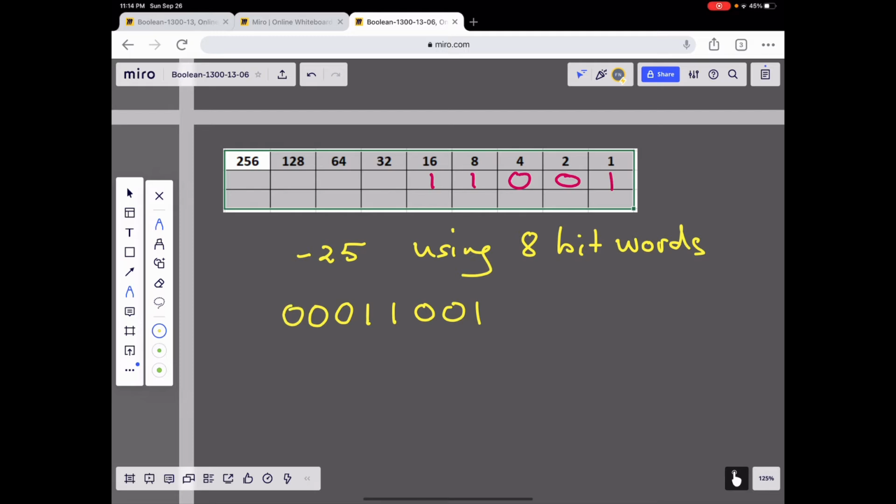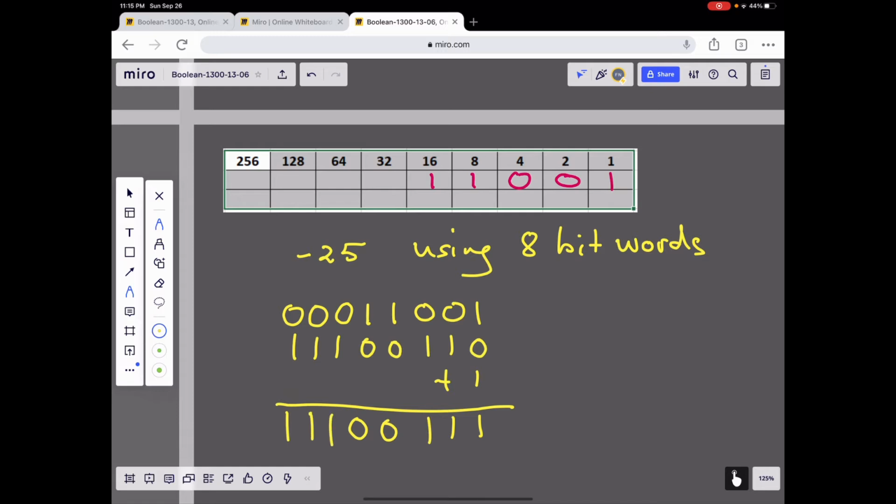All right, and then you do the twos complement by flipping 1 to 0 and 0 to 1 for each digit in this number. And then I add 1 at the end. So 1, 1, 1, 0, 0, 1, 1, 1.